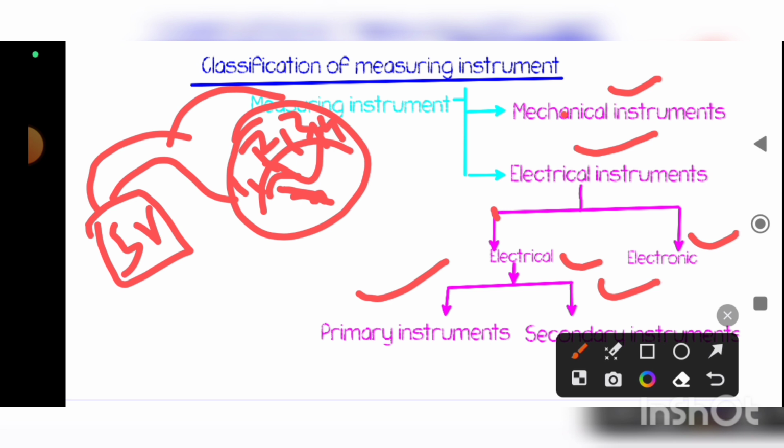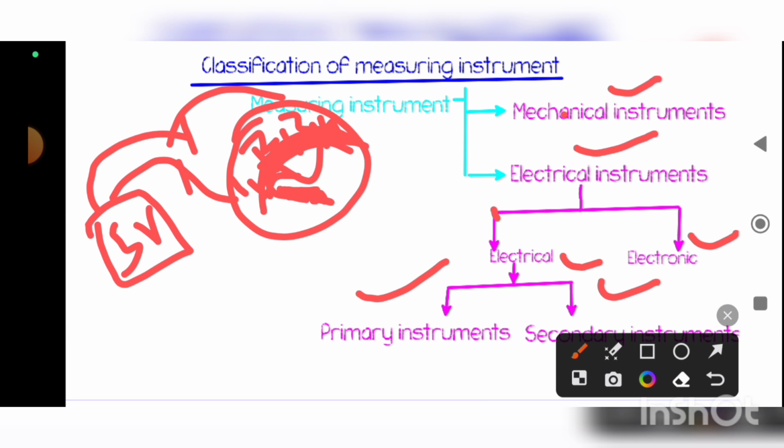When we connect the battery to the voltmeter, it will show its magnitude. The pointer will show it on the calibrated scale.